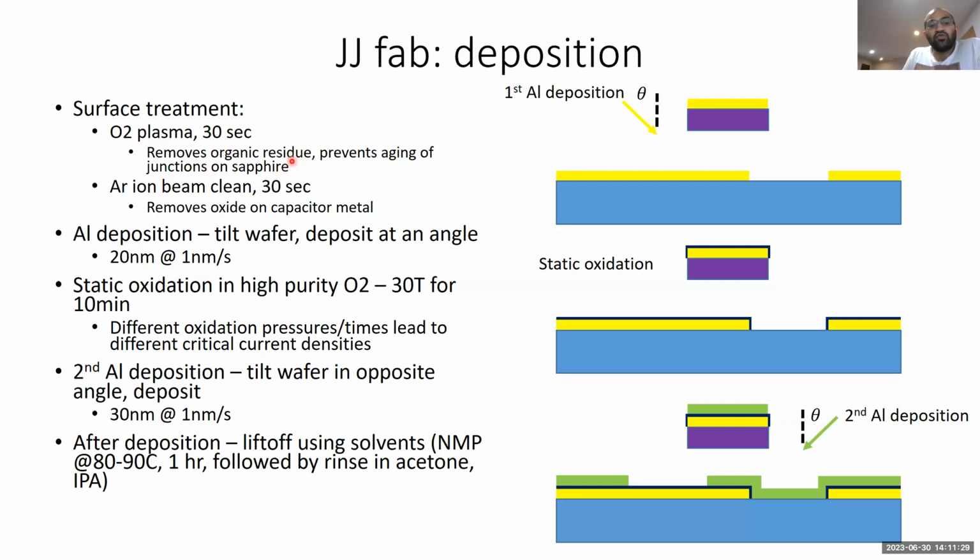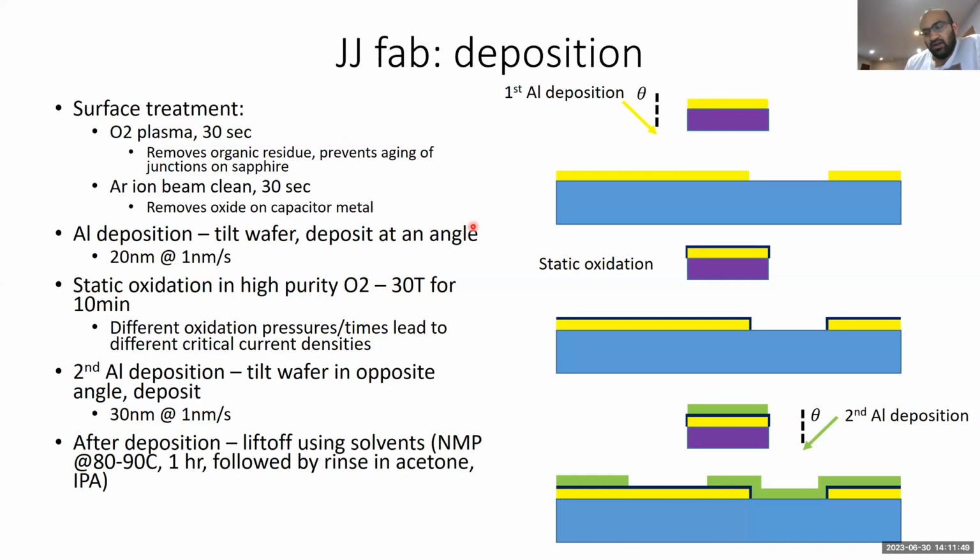It's designed to remove organic residue, and in particular for sapphire junctions, it prevents the aging of those junctions. Somewhere, somehow, if you do oxygen plasma on sapphire and you deposit your junction on top, that junction will not age.